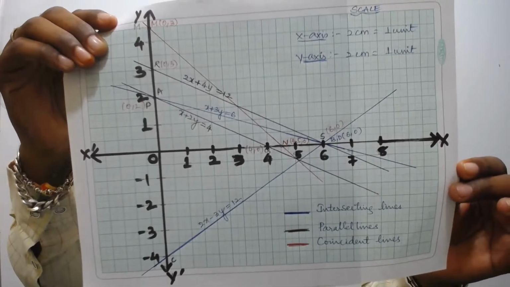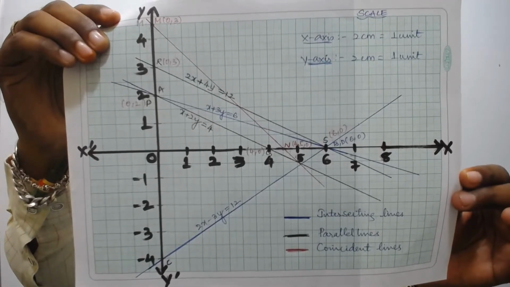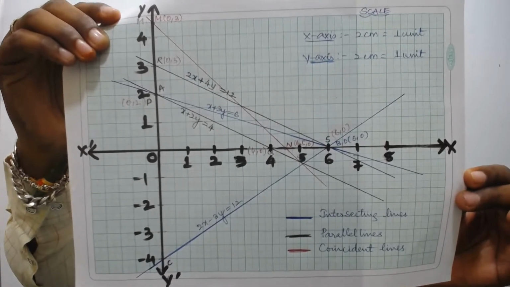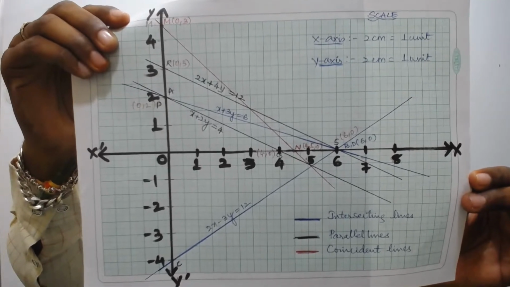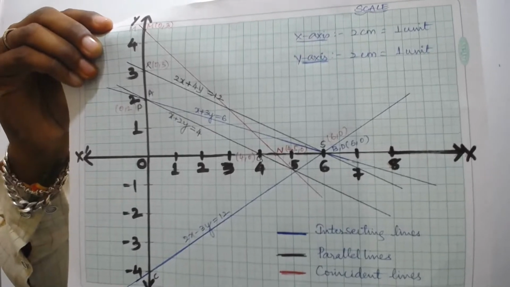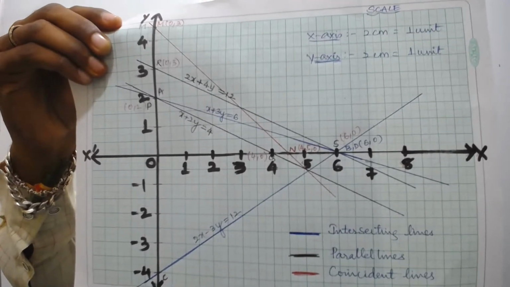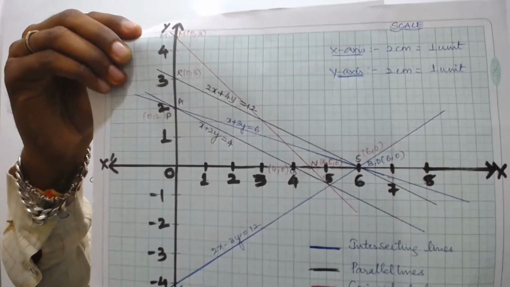Blue pen represents intersecting lines, black pen represents parallel lines, and red pen represents coincident lines. So this is how I can represent all the three conditions in one single graph.